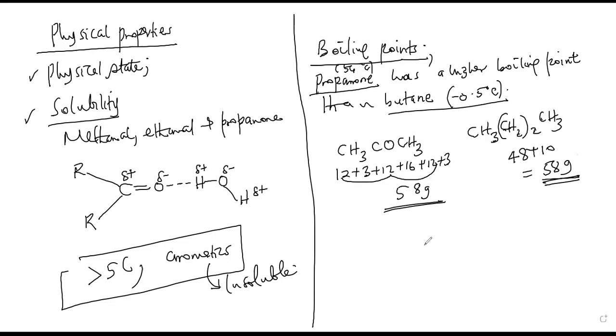All right? So when you draw these ones, you'll see that you have CH3, CO, then CH3, partially positive, partially negative. Then this one is just open like that. CH3, CH2 times CH3.